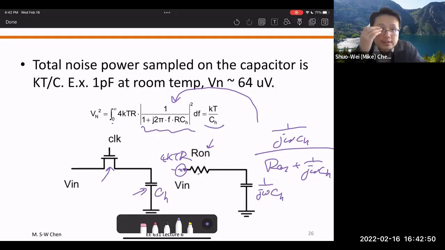That's the sampling circuit in terms of noise, the thermal noise that will get sampled onto the capacitor. Here's a question for you: what's the tolerance on this kT over C noise?